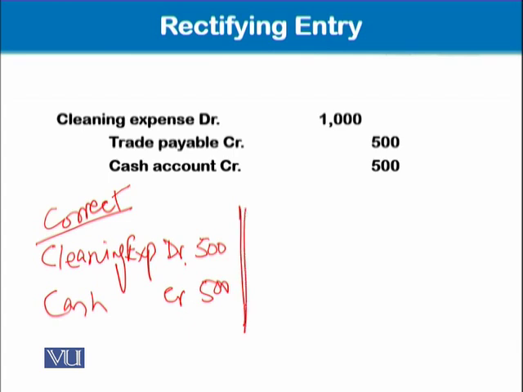What wrong you did? You debited the trade payable account. Okay, erroneously. This trade payable account was debited with 500 and this cleaning expense was credited.